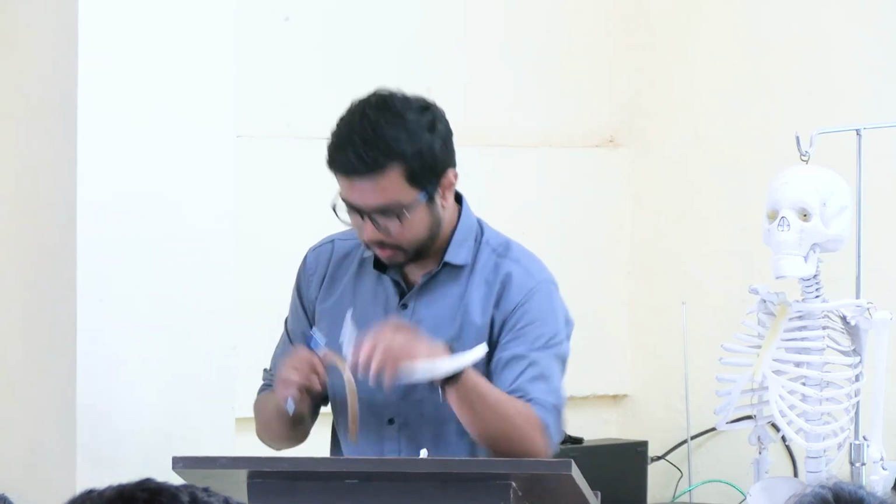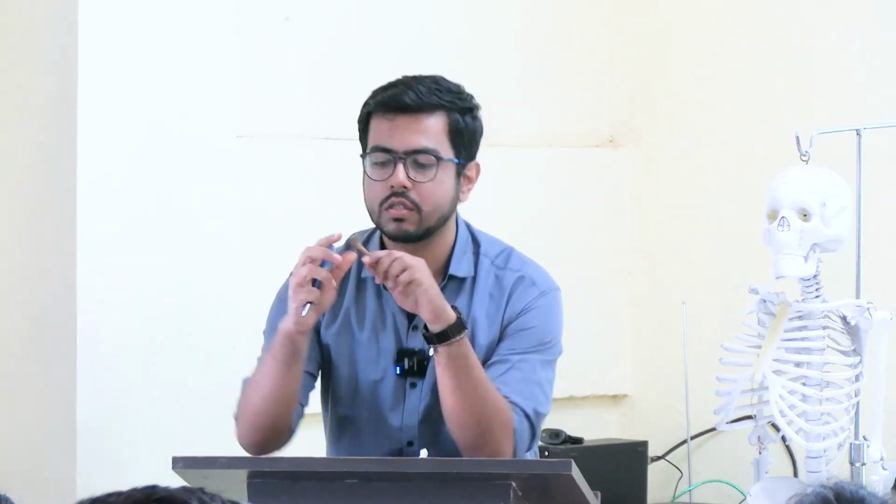Then comes the tubercle. This one, this big one. You will see this clearly in this original book. This whole thing is the tubercle. It also has two parts, this one and this one.